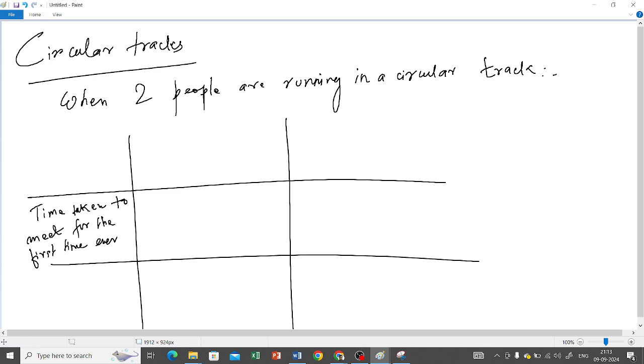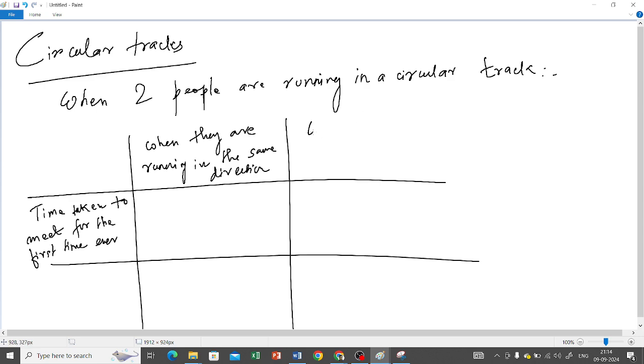There are two conditions over here as well. The first condition is when they are running in the same direction.